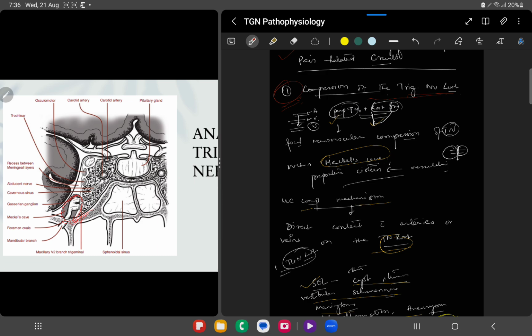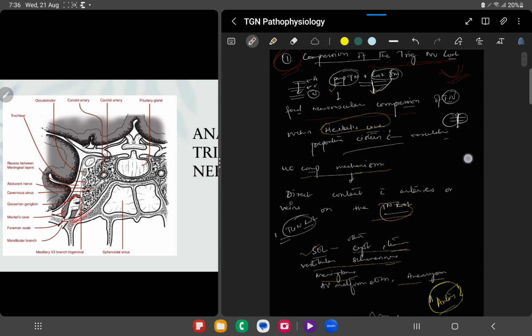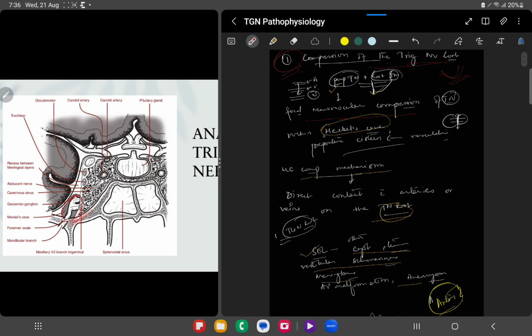of the peripheral trigeminal nerve or the root of the nerve, there is focal neurovascular compression, that is, a direct contact of the vessel over the nerve, the trigeminal nerve or the ganglion. This is found within the Meckel's cave, as we can see in this diagram to the left of the screen.